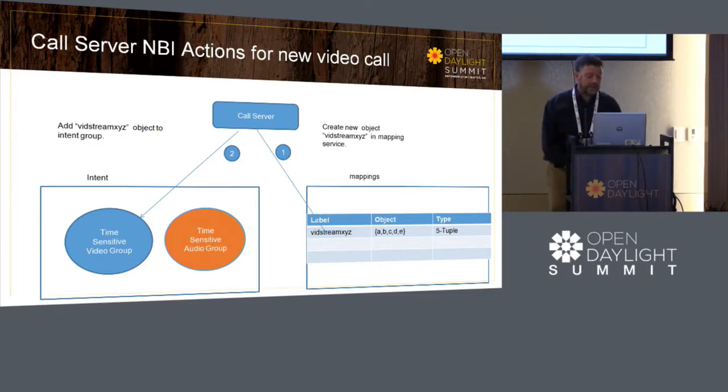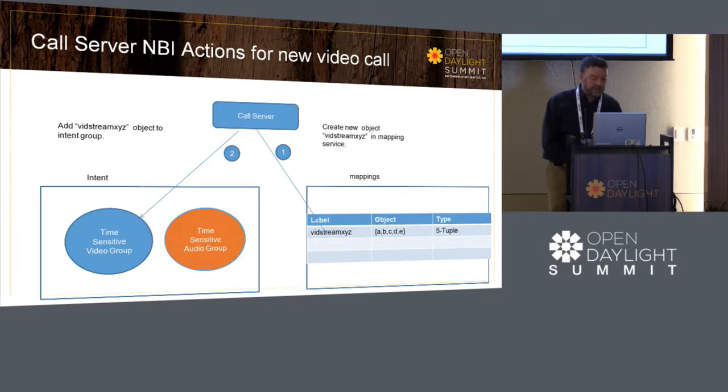And so this model says the original source of truth, in this case the call server that's setting up the call, needs to talk to the SDN controller and tell it, I just set up a call, here's what it looks like, here's how you need to treat it. And so in the intent-based system, we essentially have two different groups that represent time-sensitive traffic.